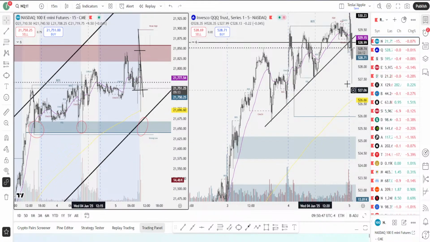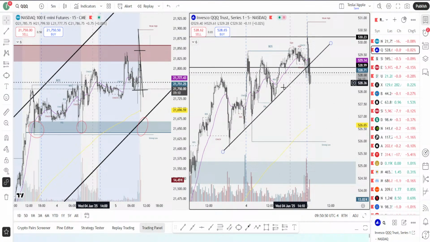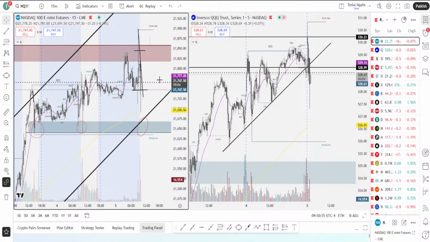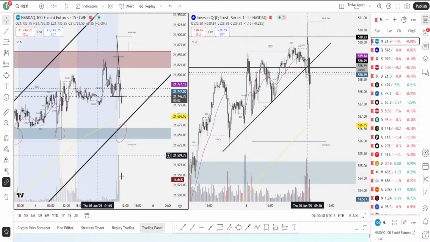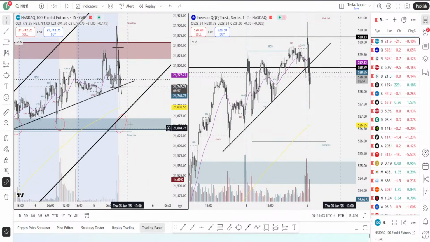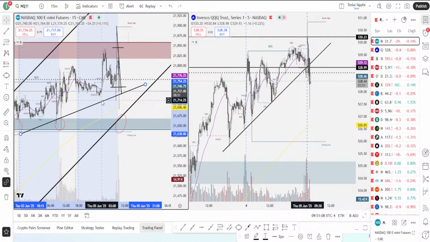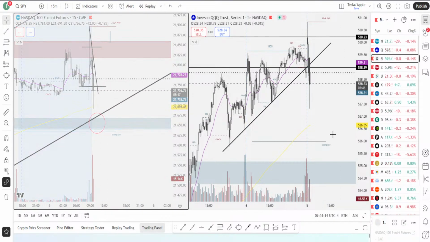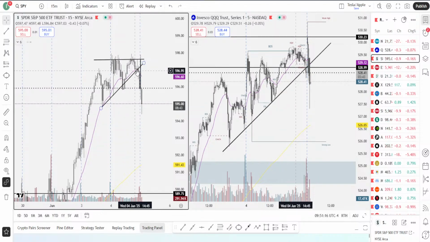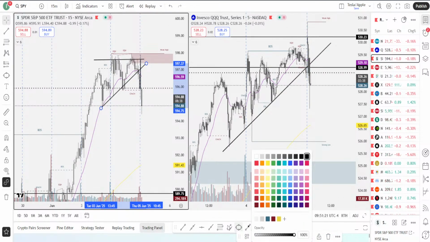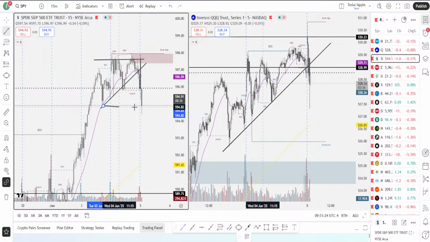We also broke this trend line here on the Qs. Broke the support here on the Qs. So it only makes sense that if we broke the support, then we come down to the next one down here. Probably the same thing on the SPY. We broke the support right here on the SPY. So we come down to the next support right here.